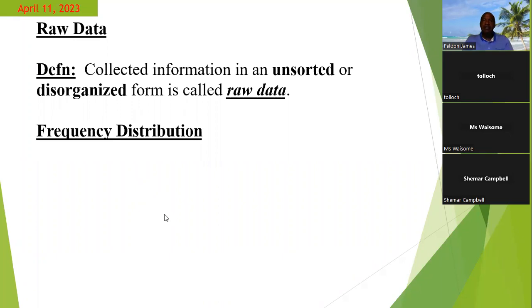Okay, so frequency, not necessarily that it is often occurring, but it tells you how often it occurs, right? So it can occur very often, it can occur less than average. So the frequency really tells you the number of times something occurs.